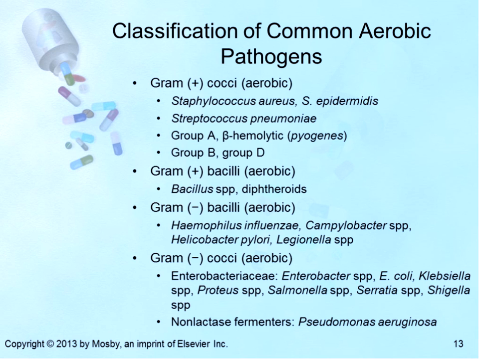This includes the Haemophilus influenzae, the Campylobacter species, the H. pylori, and the Legionella. And gram-negative cocci. These include the Enterobacter species, E. coli, Klebsiella species, Proteus, Salmonella, Shigella, and the non-lactose fermenters, such as Pseudomonas.